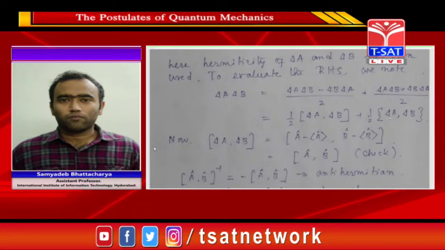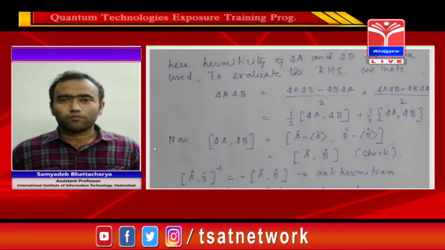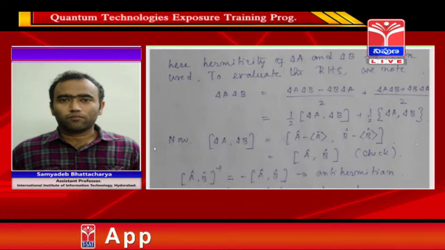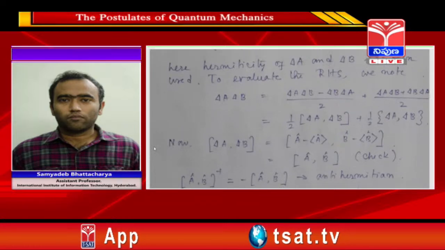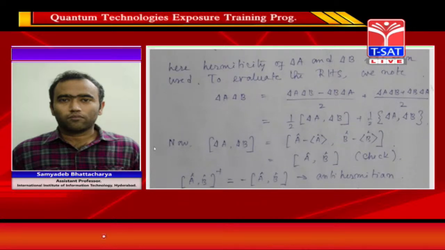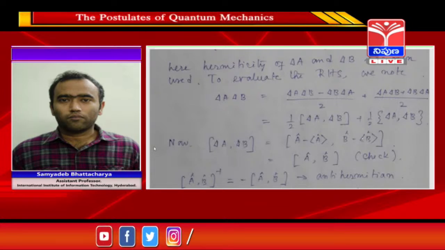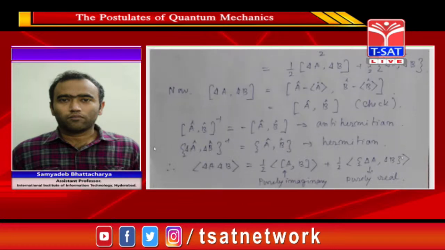And there is the anti-commutator of ΔA and ΔB, which is basically ΔA ΔB plus ΔB ΔA. We can check very easily that the second quantity in the right hand side is Hermitian, and the first quantity is anti-Hermitian.